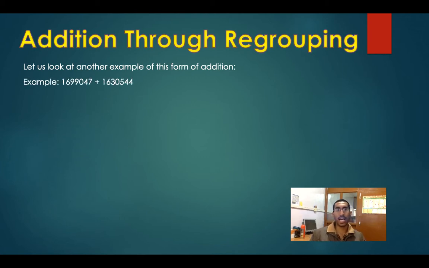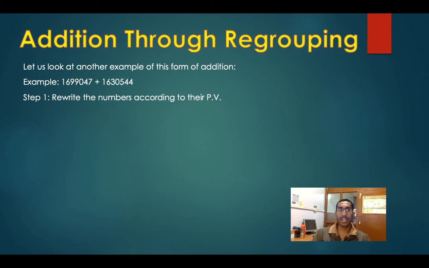For example, I have the numbers 1699047 and I have 1630544. Now you already know that we enter the numbers according to their place value. I need you to do it for me.